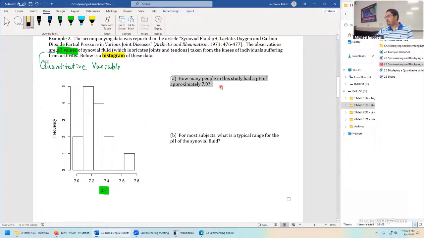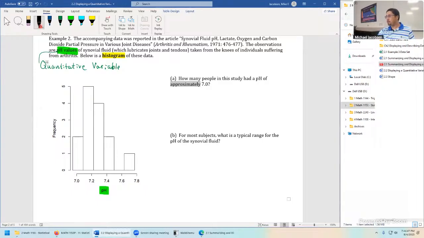It asks, how many people in the study had a pH of approximately 7.0? We can't say exactly here, so the word approximate is very helpful. And 7.0 is right here. The categories for 7.0 are what this rectangle is meant to specify.